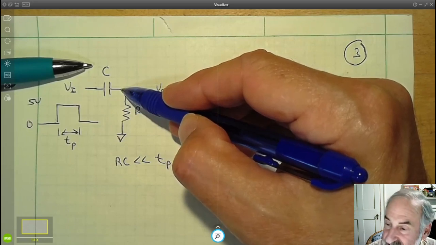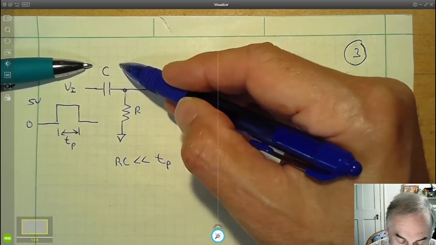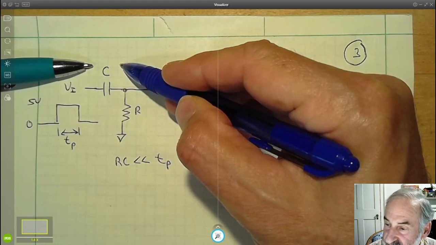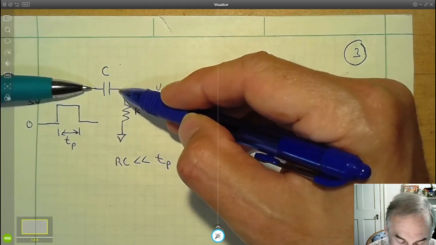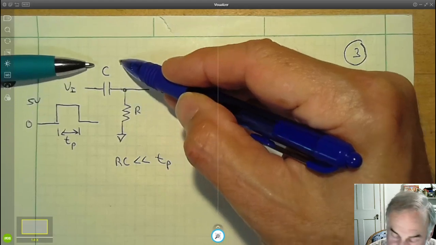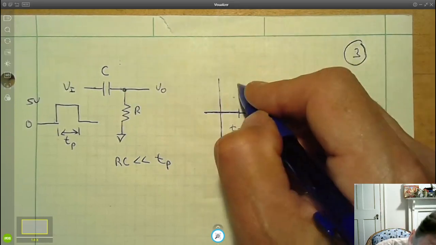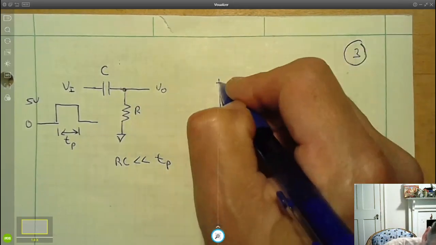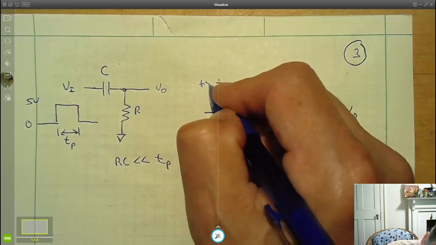The only way to maintain 0 volts across the capacitor is for this voltage to jump up to 5 volts too. The voltage across the capacitor cannot change instantly. It's 0 volts here, it has to be 0 volts here. So at this point, the voltage at V out has to change to plus 5 volts.